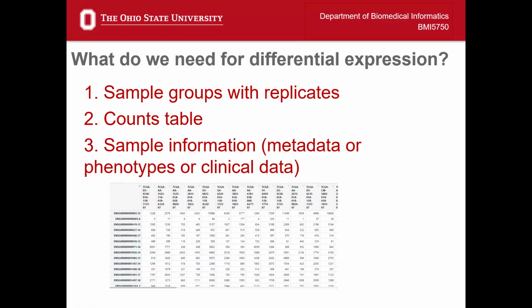Sometimes it's useful to know more information. More information is always good, right? So think about what's available, or if you're designing your own experiment, what can you measure? What can you describe in your sample information that would be useful to illustrate in your data set?